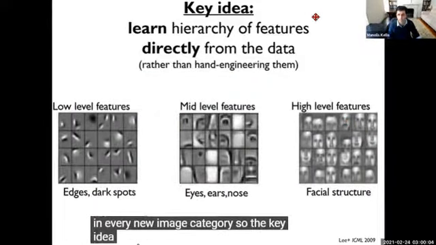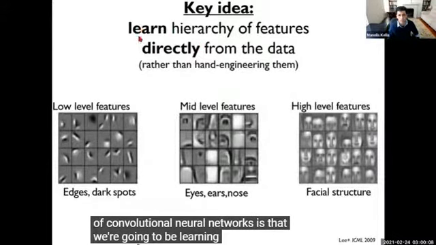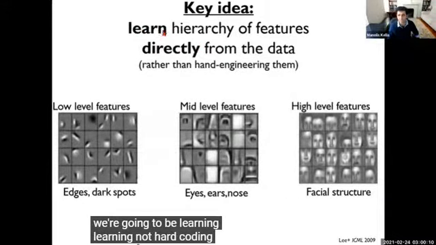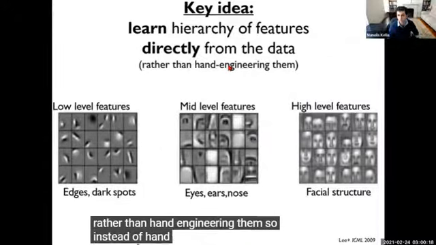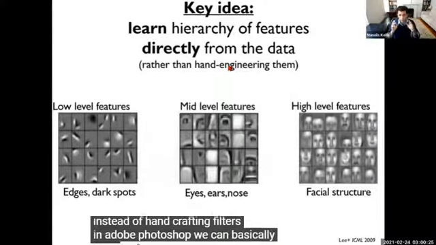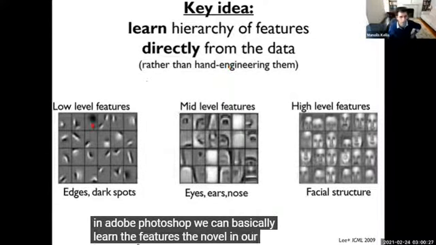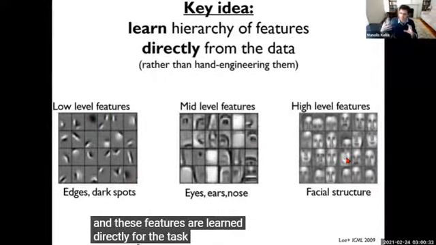So the key idea of convolutional neural networks is that we're going to be learning, not hard coding, a hierarchy of features directly from the data, rather than hand engineering them. So instead of handcrafting filters in Adobe Photoshop, we can basically learn the features de novo in our data set. And these features are learned directly for the task at hand.